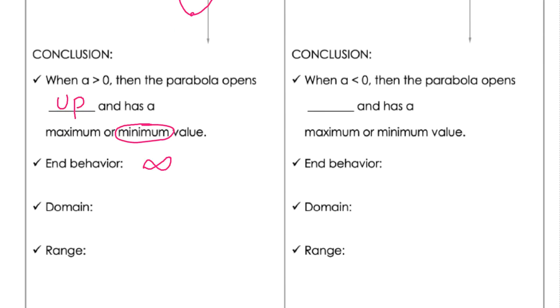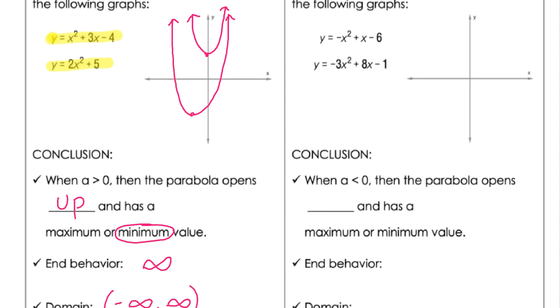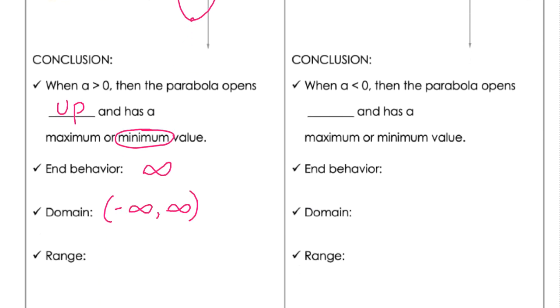The domain of these functions is all real numbers, so from negative infinity to positive infinity. And the range depends on where that parabola is. If we look at the first one, it's all the real numbers above this vertex point, which is at negative something. And in the other one, it's all the positive numbers above whatever that vertex point is at.